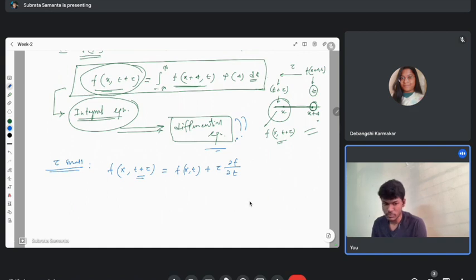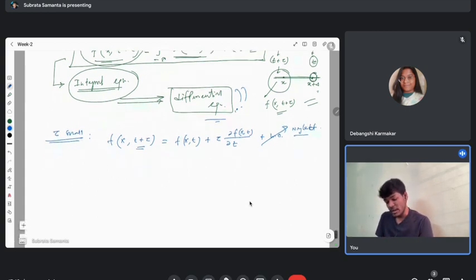If you know how a two-variable function is expanded in a Taylor expansion, then if we vary tau, we get f of x, t plus tau times del f of x, t by del t, and we are neglecting the higher order terms.